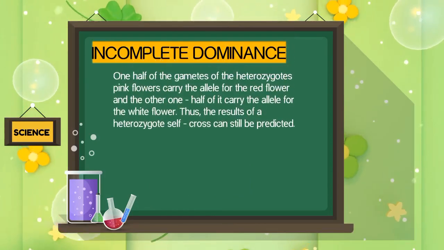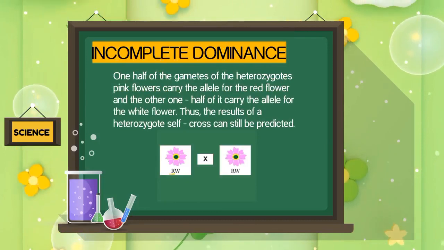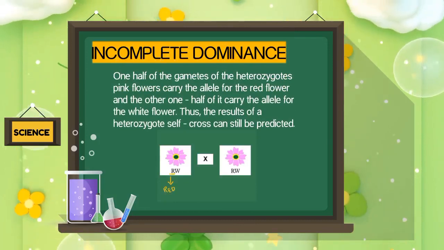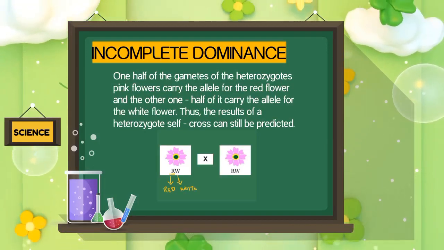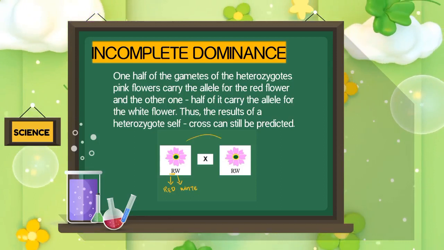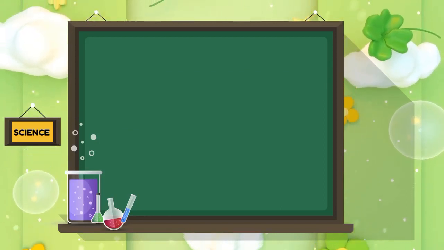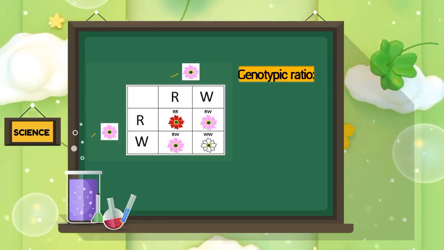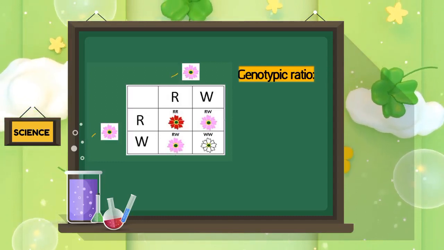In incomplete dominance, one half of the gametes of the heterozygote's pink flowers carry the allele for the red flower and the other one half of it carry the allele for the white flower. Thus, the results of a heterozygote self-cross can still be predicted. Kung ika-cross natin sa isa't isa ang heterozygote offspring na pink flower, pwede pa rin natin ma-predict ang possible results ng offspring.